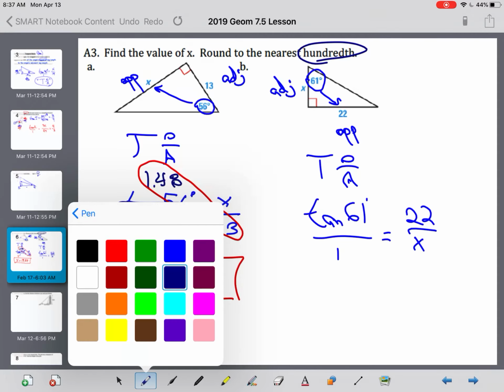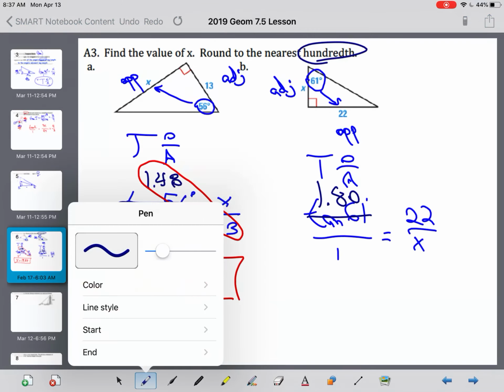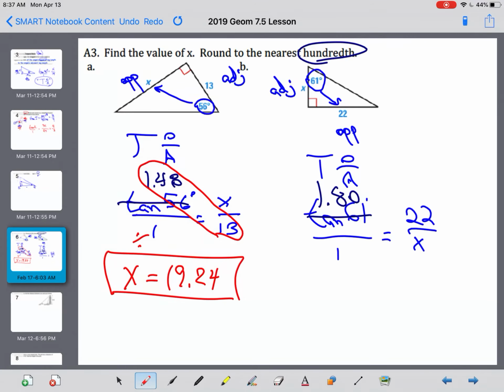I get 1.80. And from there, we can do our teacher-approved shortcut with this type of proportion. So again, I'm going to multiply my two numbers, 1 times 22, and divide by 1.80. When I do that, I take 1.80 times 22, and I get 39, I've got to divide.